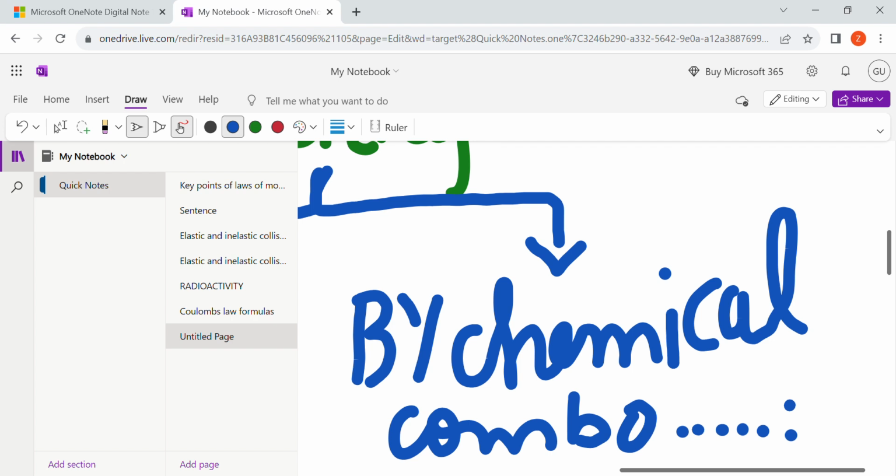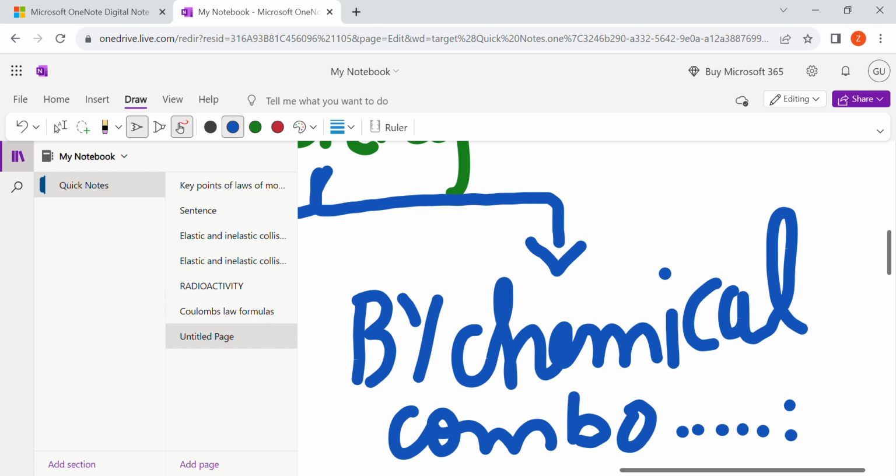Chemical combo, alright? If I talk about the chemical properties, what is the meaning of chemical properties? Any guesses? Chemical properties basically means the power of attraction, its stability, its reactivity, oxidation state. So these all are related to chemical.